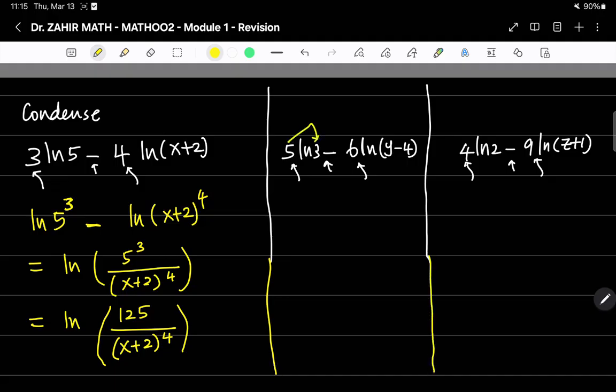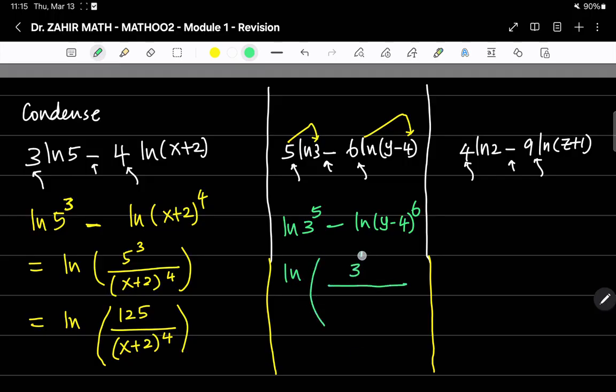Take this 5 to the top, 6 to the top. So what happens now? ln 3 to the power of 5 minus ln y minus 4 to the power of 6. So you are going to divide: 3 power 5 divided by y minus 4 the whole power 6.